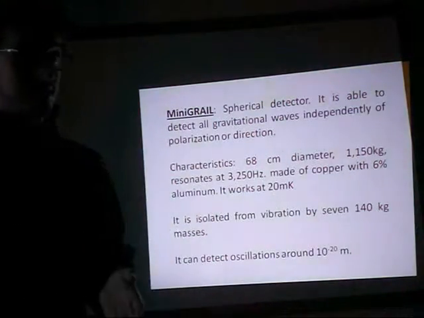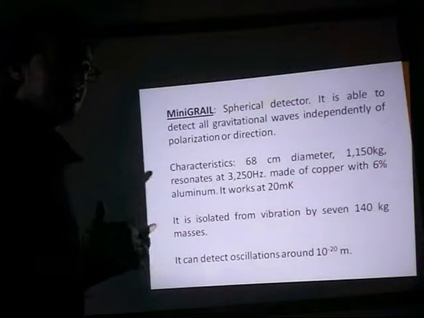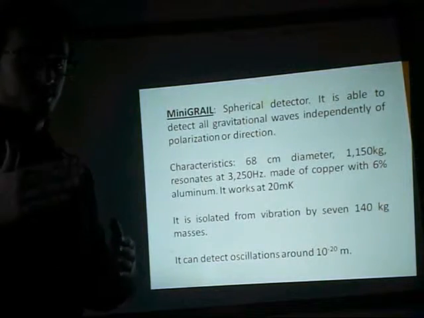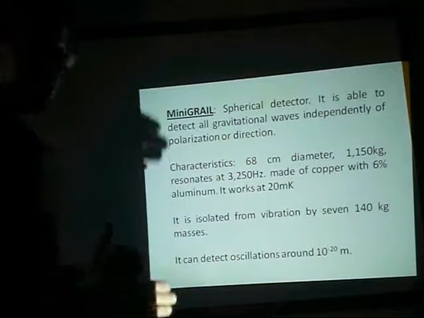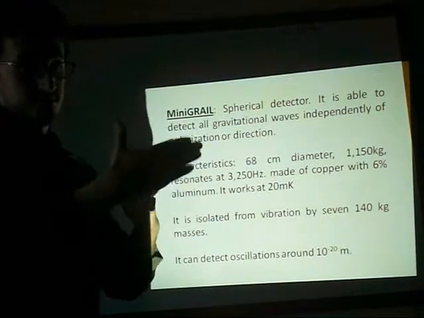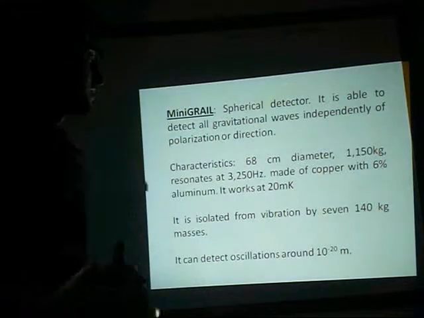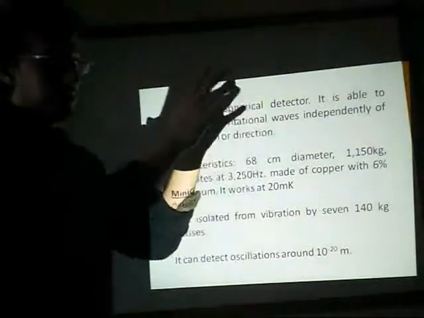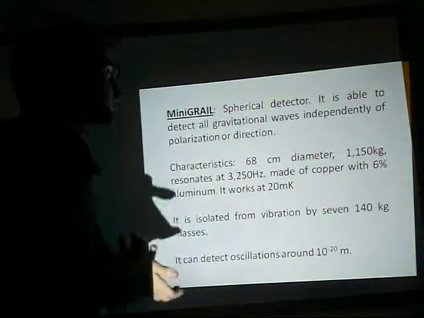Because in the others, with cylindrical form, it is only capable of detecting the gravitational waves that are incident on the basis of the cylinder, while in the spherical form, the whole sphere is the basis, the detector.